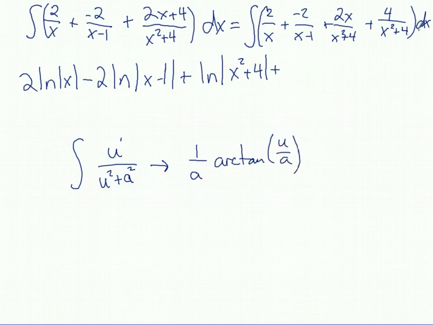Okay, now in this case our a is 2 and our u is just x, so we're going to get 4 times 1 over 2. So a is 2, so 4 times 1 over 2, which is 2, times the arctangent of our u, which is just x, over a, and then plus c.